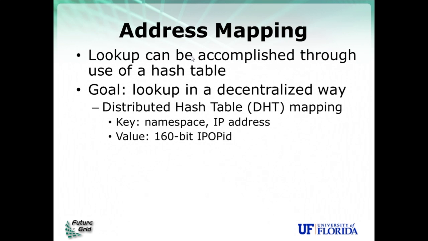So the distributed hash table works similarly to a regular hash table, but its entries are distributed across peers in the network. And to look up this table, we're going to use a combination of the namespace and the virtual IP address, and the value that we store in this table is the 160-bit IPOP identifier.